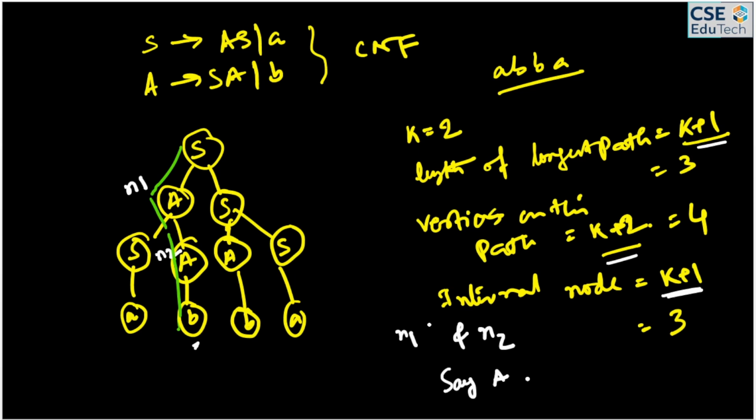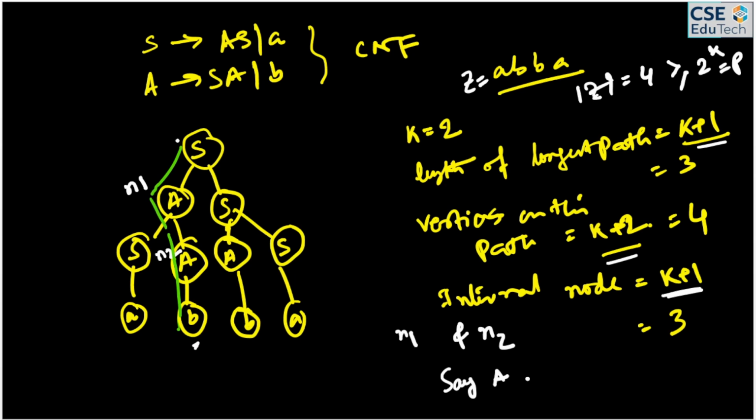Okay. And we have already considered the string z equal to abba. So the length of this string is 4, which is greater than or equal to 2 to the power k, that is the pumping length p, which also satisfies this condition. k is the number of variables, so 4.